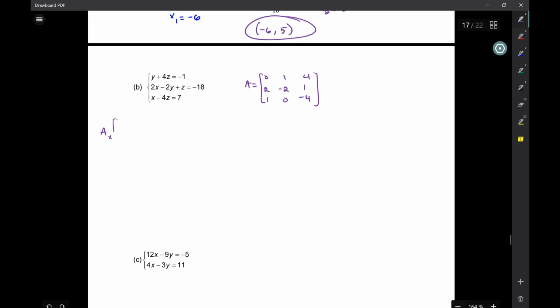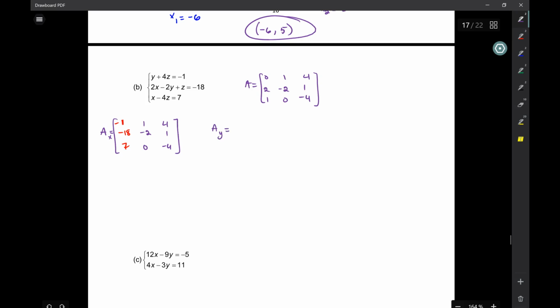Ax, I'm going to replace the first column by my constants, 1, negative 18, 7. Oh, it is negative 1. So then I have 1, negative 2, 0, 4, 1, negative 4.